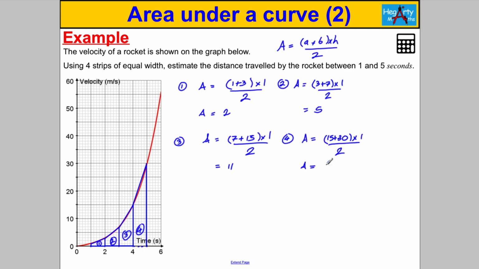So the area in this particular case is going to be equal to 22.5. So an estimate for the distance therefore is the sum of these, which is going to be 2 add 5 add 11 add 22.5, and that gives us in total 40.5, and the unit here will be meters, and we're done.